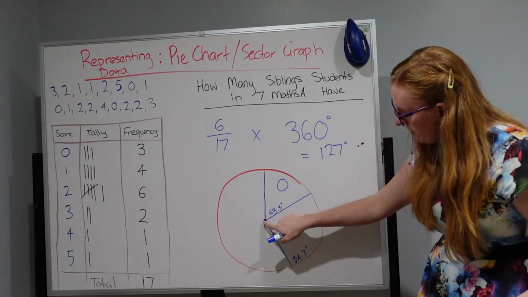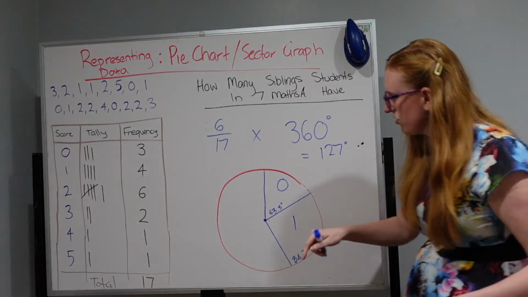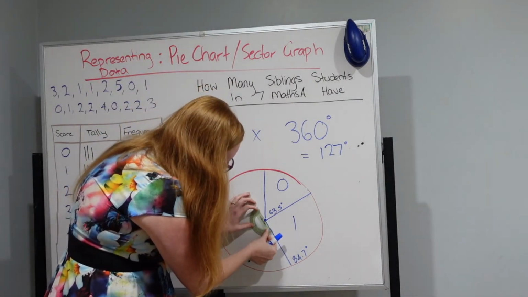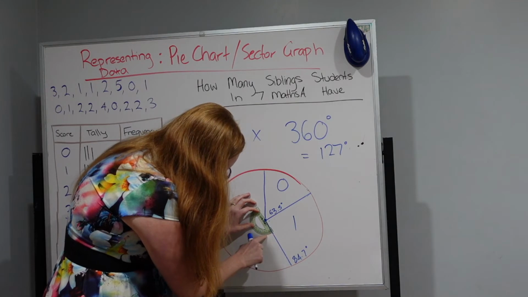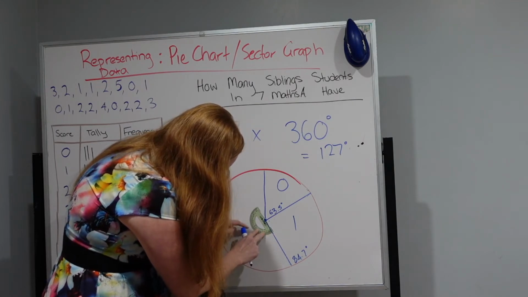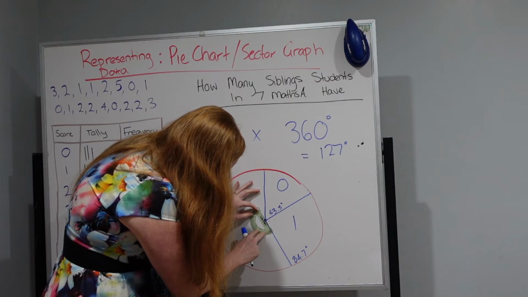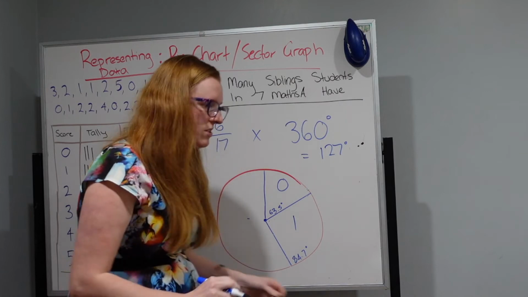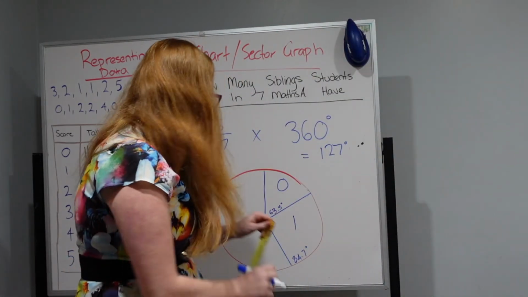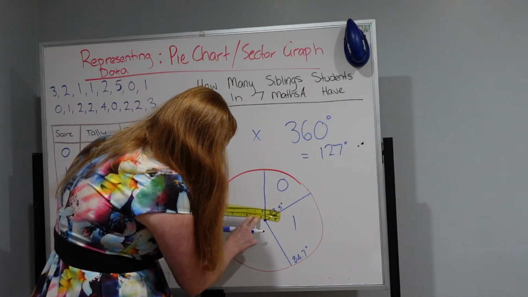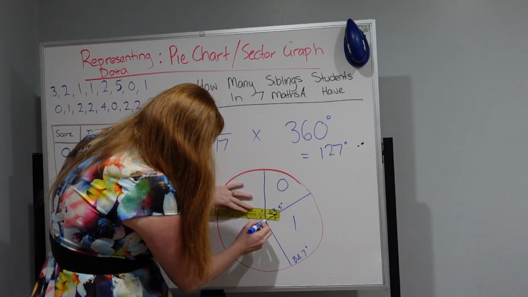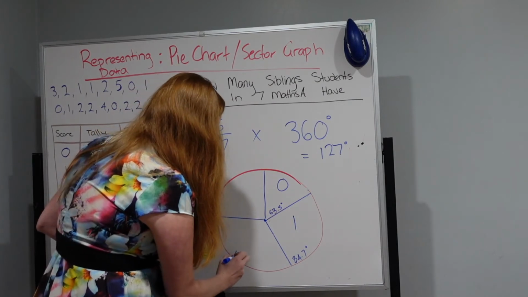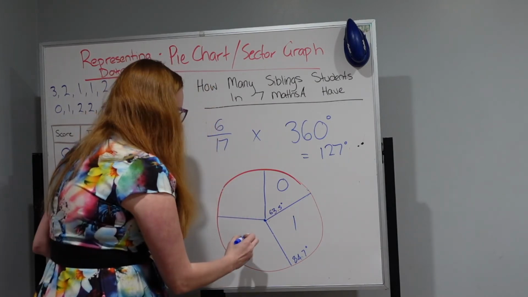So I'm measuring from the new line that I've drawn, putting my protractor on the center, and I'm looking for 127 along here. So it'll be about here. Awesome. Grabbing my ruler. There we go, that is 127 degrees. And that's 2 siblings.